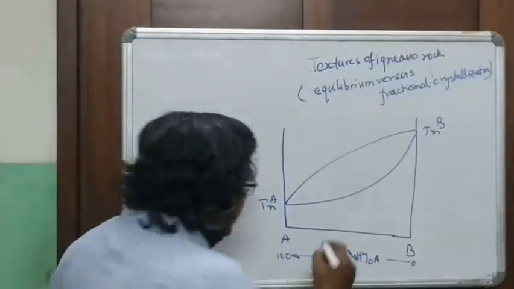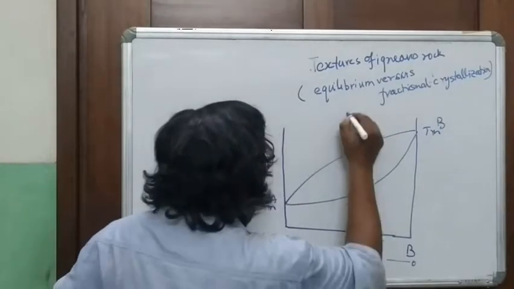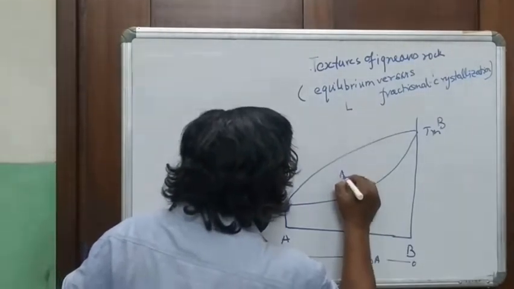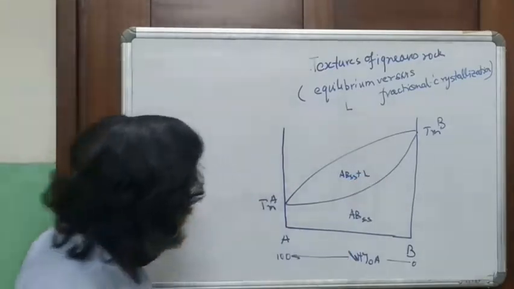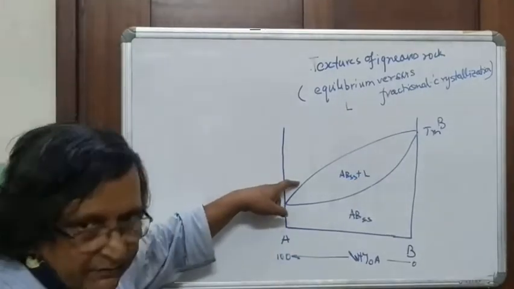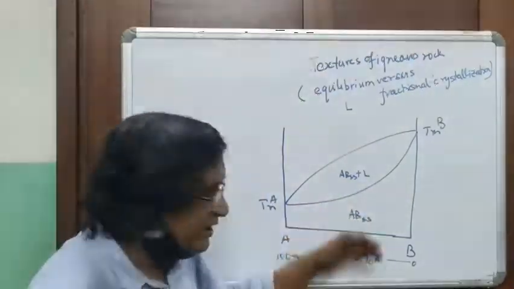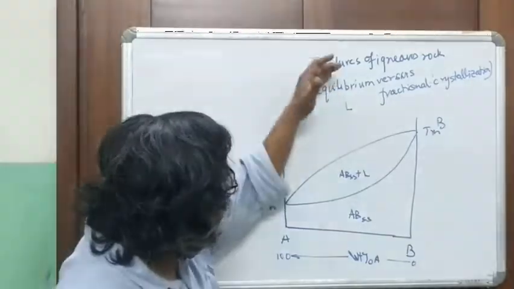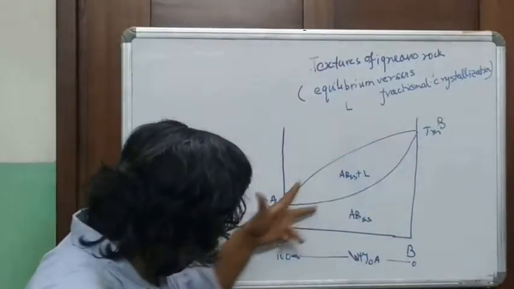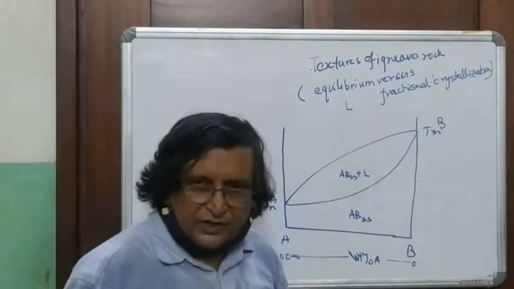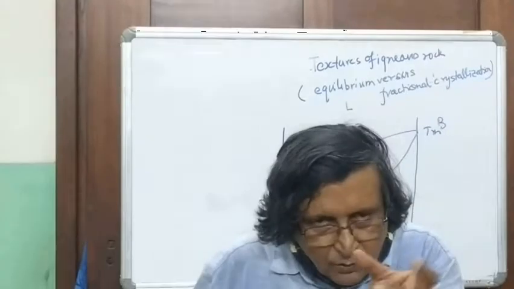That's the diagram in which you have AB solid solution, you have a liquid, and you have AB solid solution plus liquid. And as we know, this is called the liquidus, and this one is the solidus. Below the solidus, everything is solid. Above the liquidus, everything is liquid. And in the intervening zone, you have AB solid solution mineral in equilibrium with the liquid.